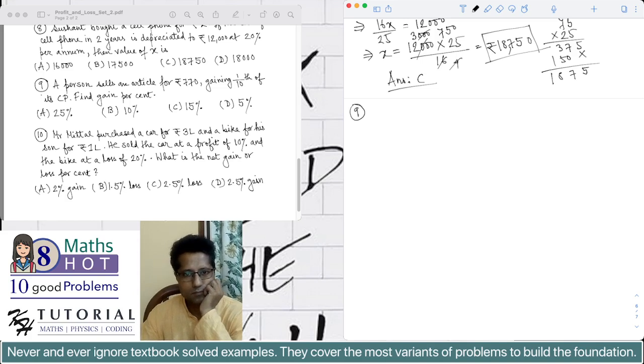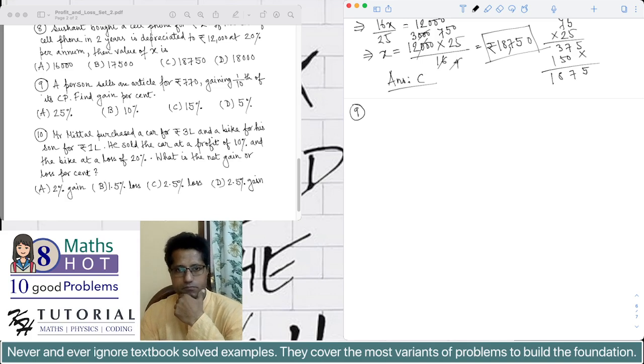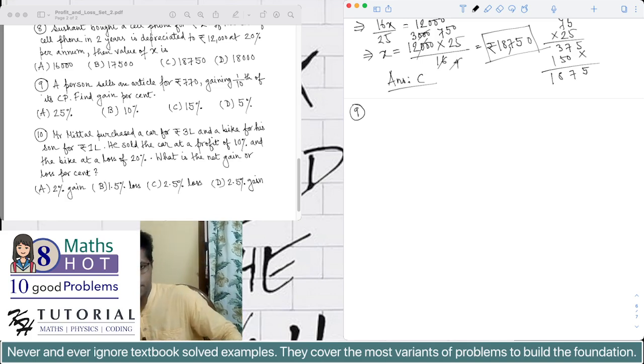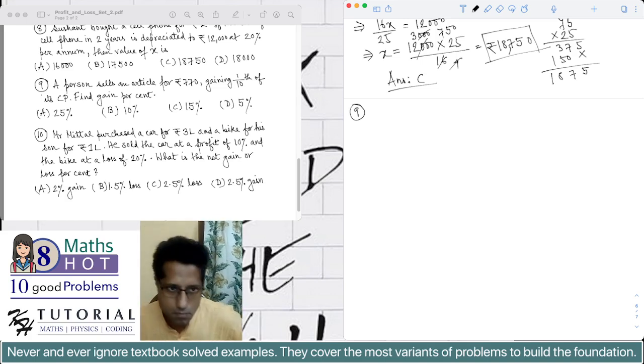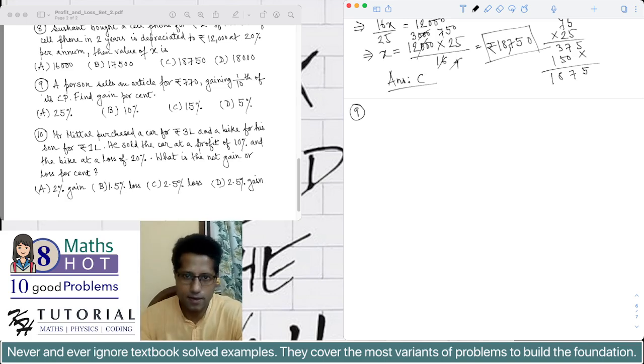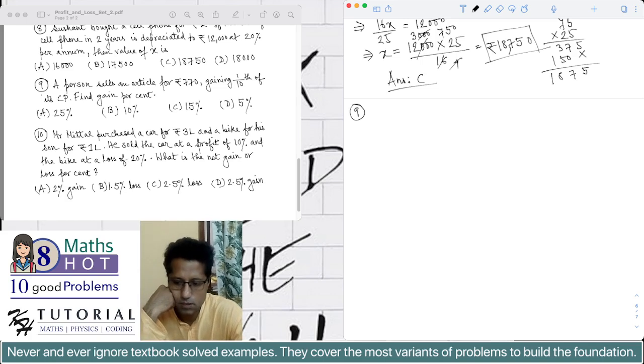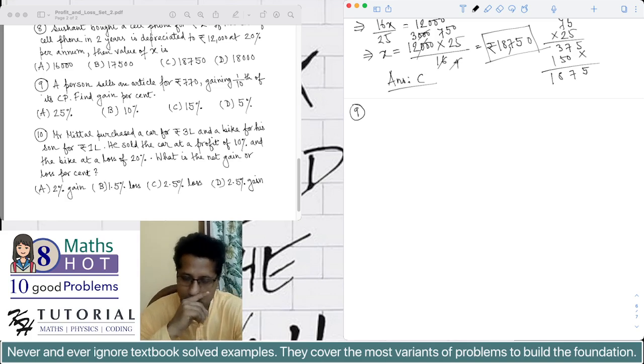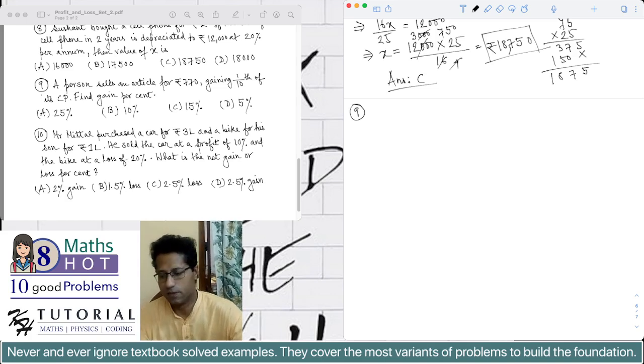Now, please note that the gain is given in terms of the cost price. If the gain is given in terms of the cost price, then we really don't need the value of the selling price or the cost price.